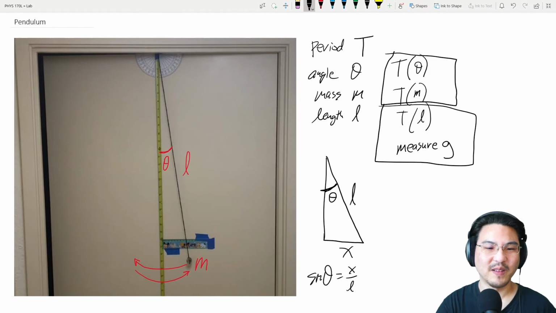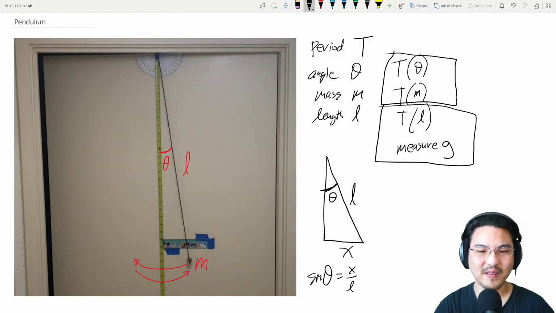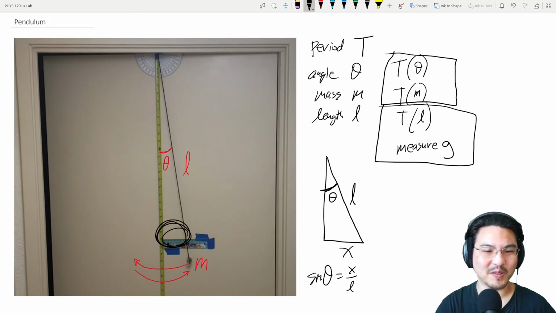So let's say you don't have a protractor, you could just measure the length of the string, and then if you want 10 degrees for something, right? Then say x is L sine theta. So then you can just use a ruler like this and then trigonometry to get the angle that you want.